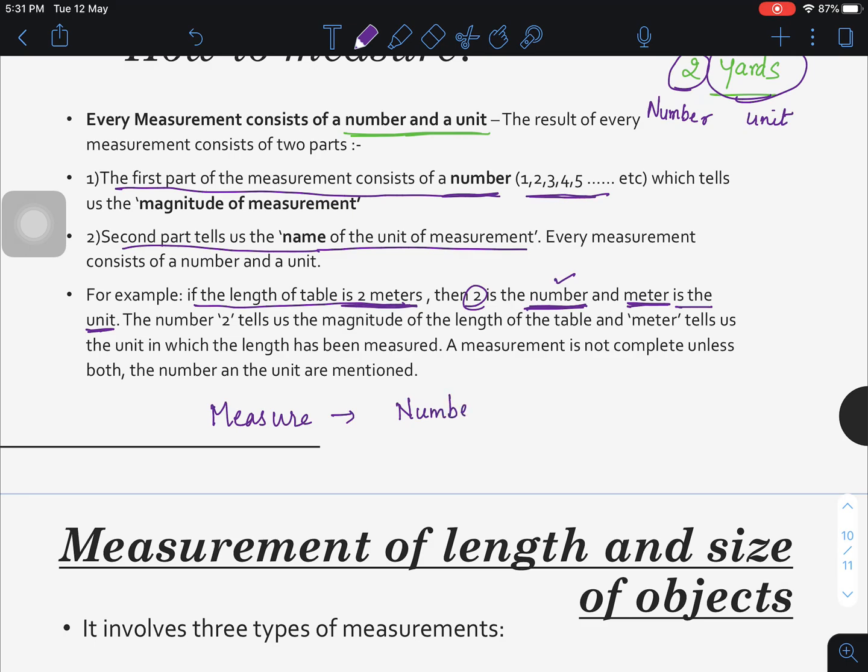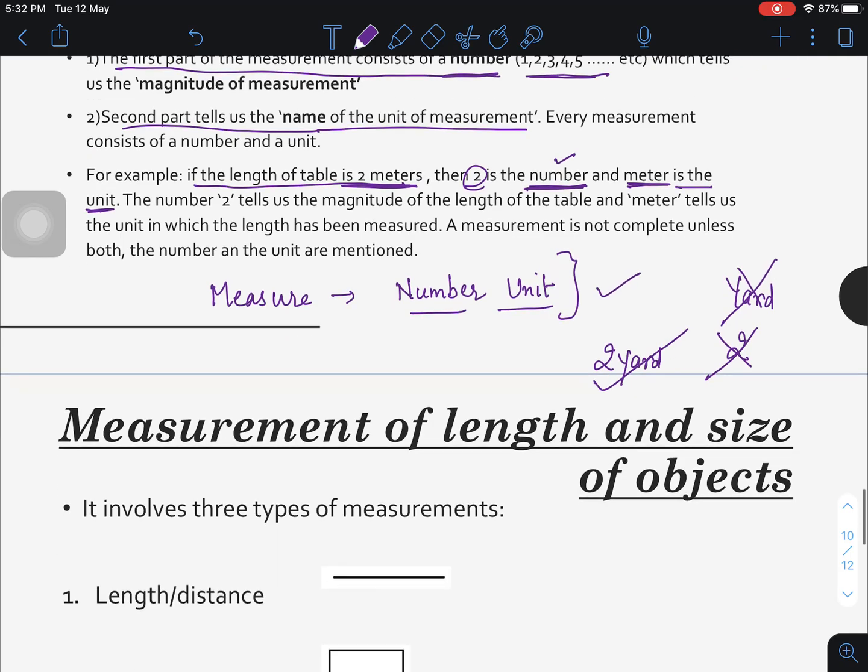One is number, second is the unit. If these two things are present, only then we say that the measurement is right. If you just write yard, it is wrong. If you just write 2, it is also wrong. It has to be 2 yard, only then it is going to be correct.